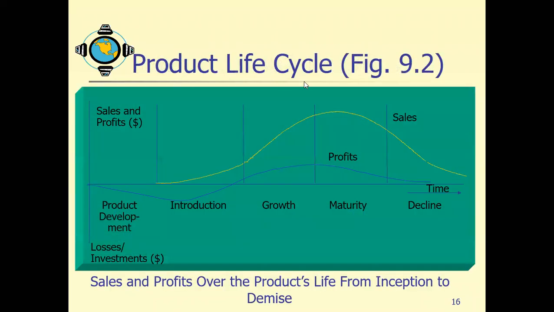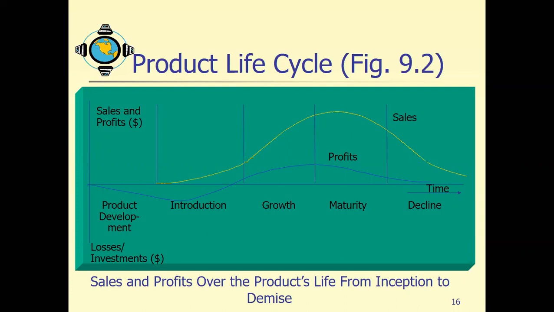All right. So our next topic is product life cycle. Unlike every human being, actually a product has its life cycle. For every human being there is a life cycle, like childhood, juvenile, youth, and old stage.